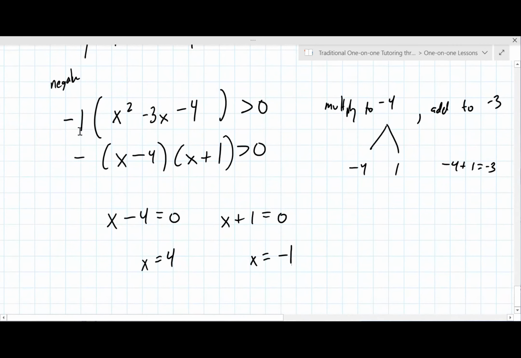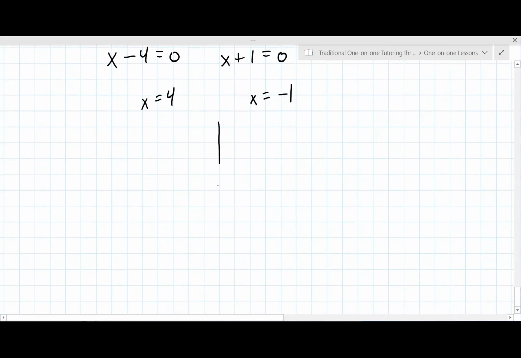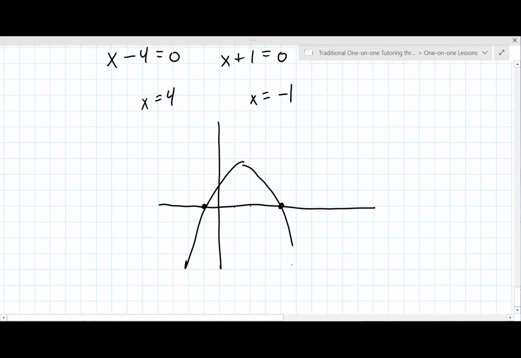So does this graph open up or down? It depends on this number out in front. It's a negative out in front, so it's down. So we draw a graph where it hits at -1, 1, 2, 3, 4, and we draw something like that. And we want greater than 0, so above the x-axis.